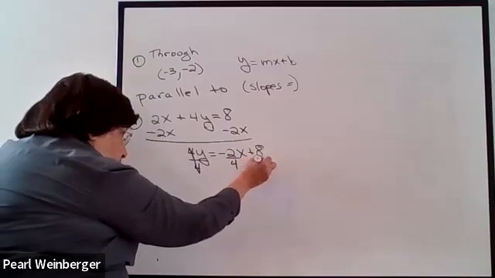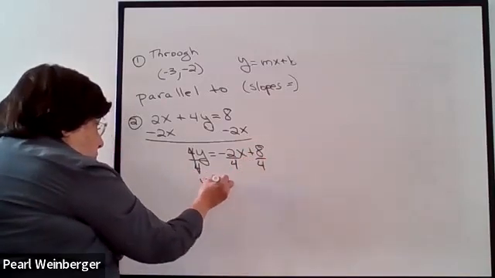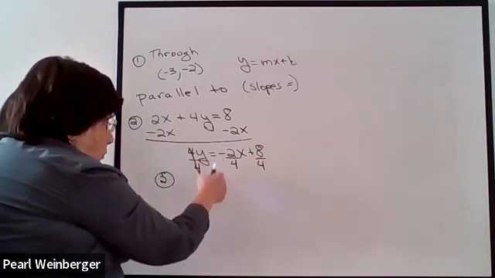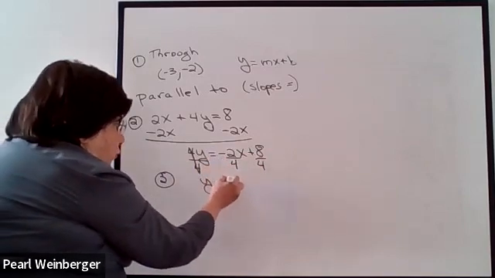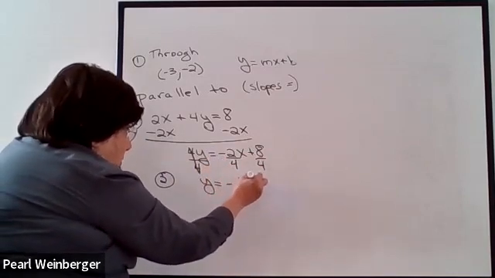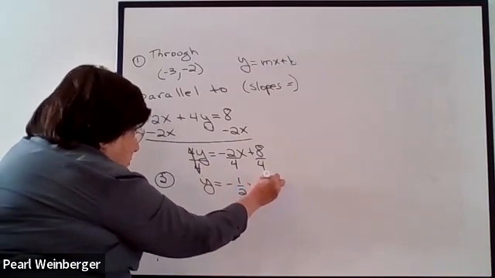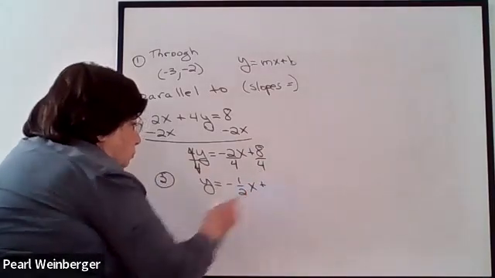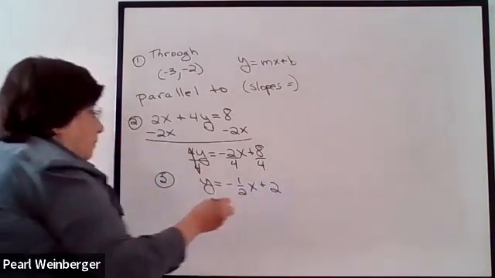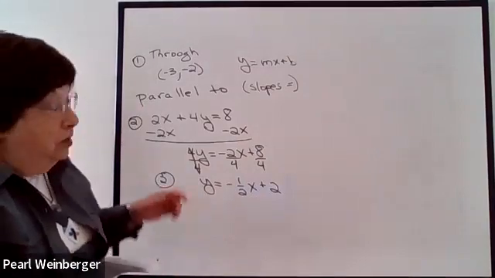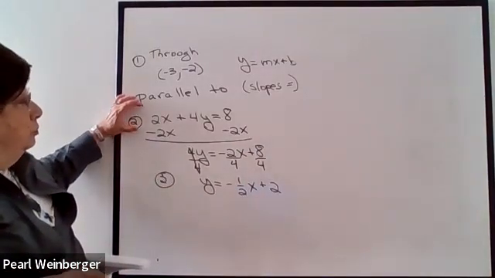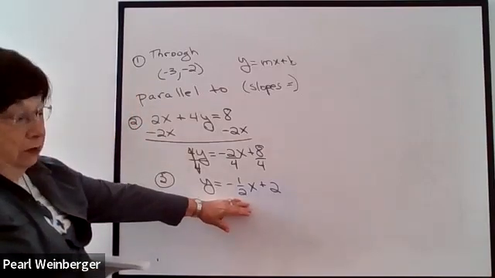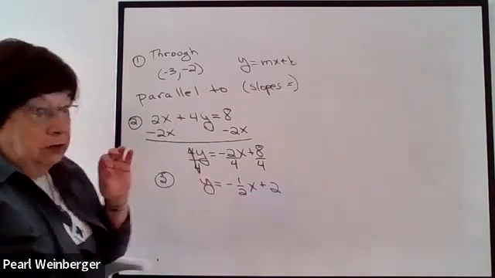So every term has to be divided by 4. So line number 2 has the equation y equals negative 2 over 4, which is negative a half, x plus 2, because 8 divided by 4 is 2. So the second line that I told you about is a line whose slope is -1/2 and whose y-intercept is 2.